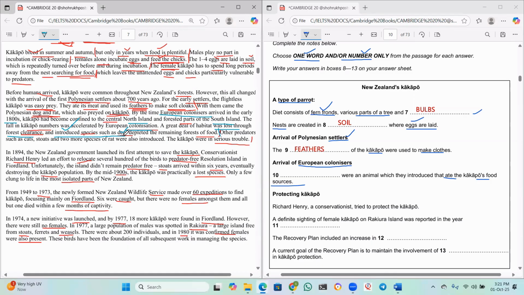So deer ate the kakapo's food. Other predators such as cats were also introduced, but especially deer depleted the remaining forest of food. So deer were an animal which were introduced that ate the kakapo's food sources. That is our answer. Deer is my answer.